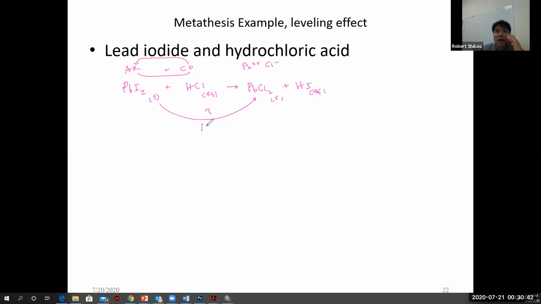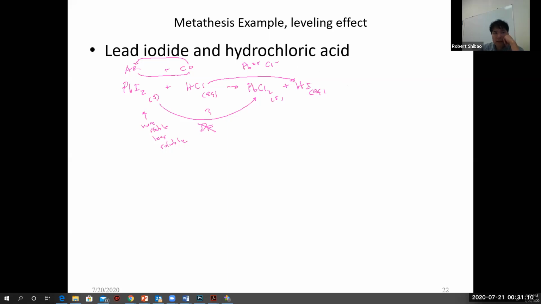This is more stable, less soluble. And so we don't say that this is a precipitation, because this would be making a precipitate but sacrificing another one. However, the acids, let's compare HCl and HI.